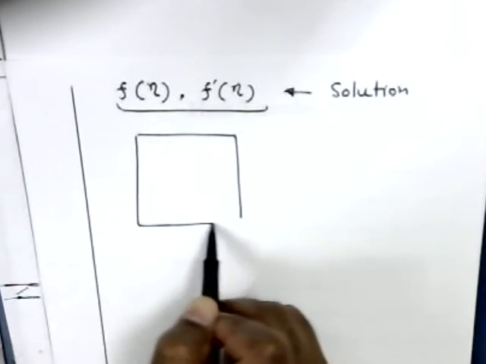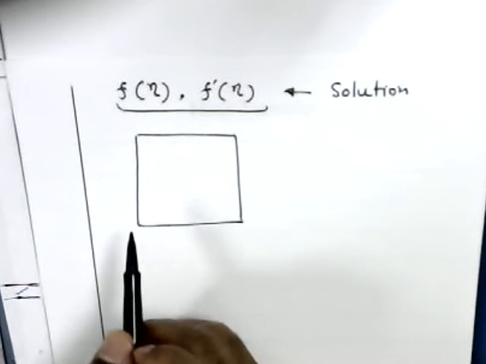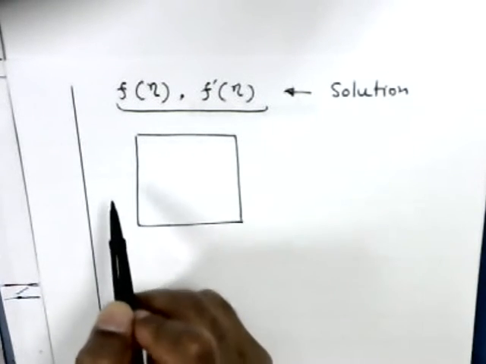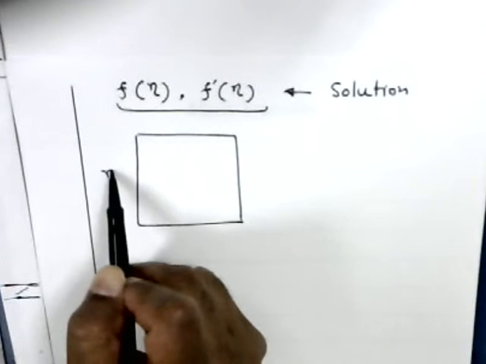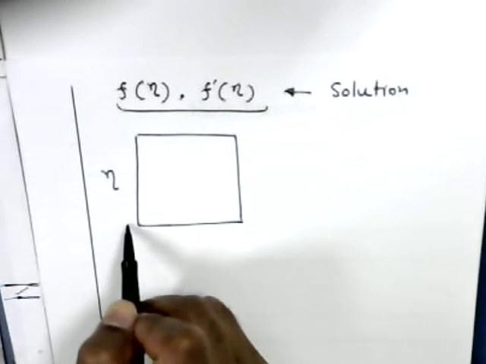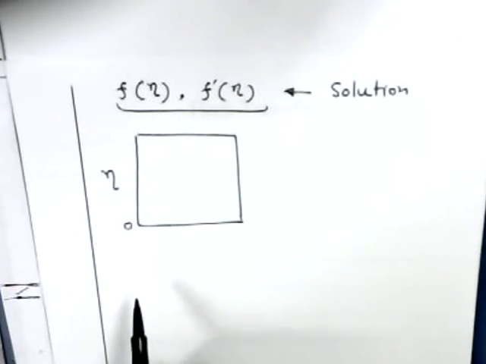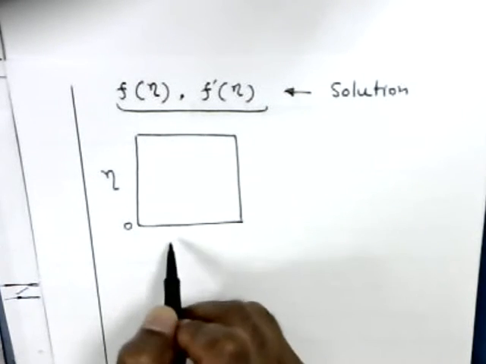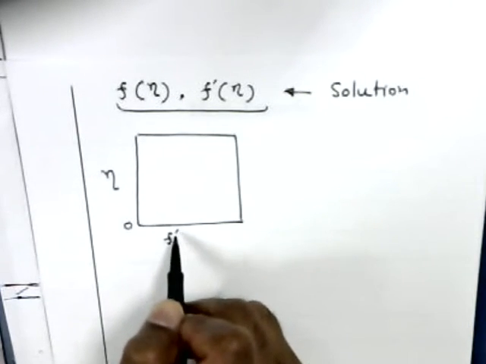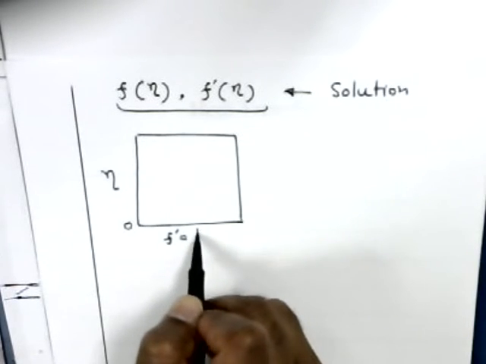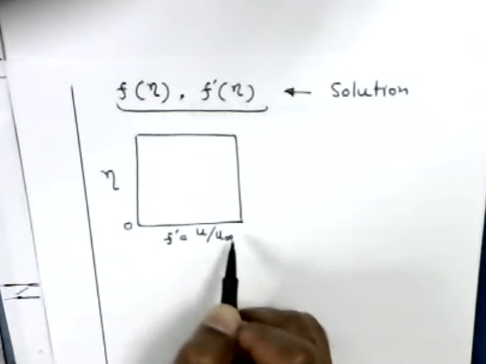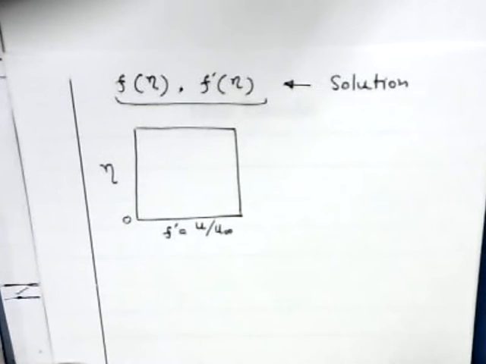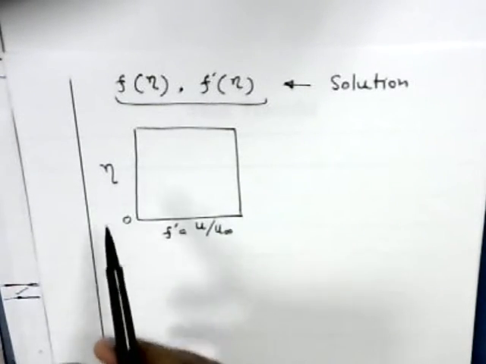So when you plot it, say I have eta here, and eta goes from 0, increasing in this direction, and on the x-axis I'm plotting f prime, and if you remember, f prime was u over u infinity. So we are plotting f prime versus eta.